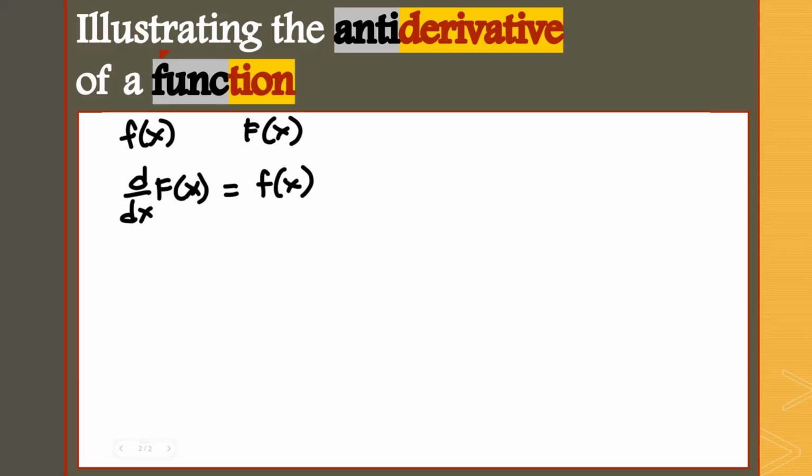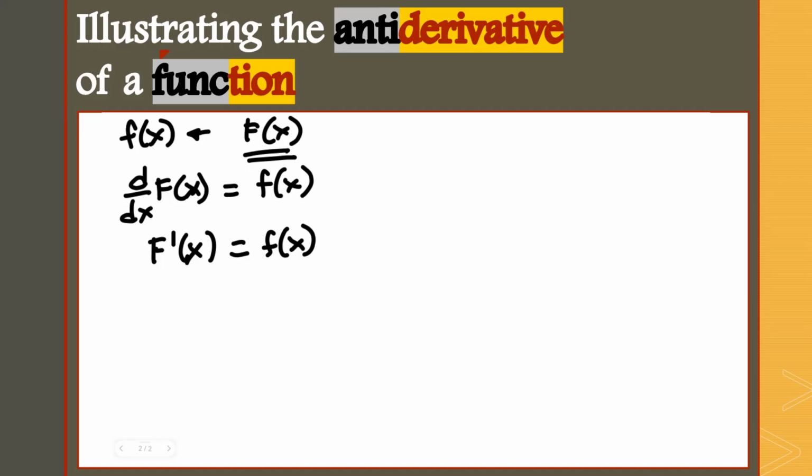Or again, we can also say this notation is equivalent to that. If this is satisfied, then the capital letter F is the antiderivative of our given function, which is the lowercase f. But what does this mean visually?